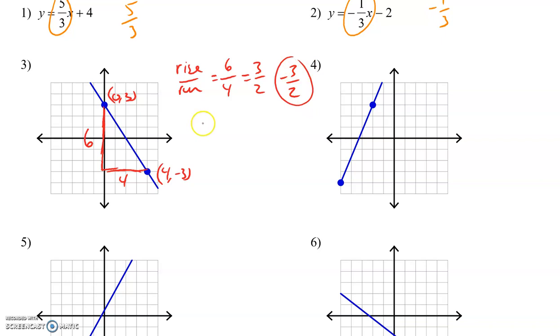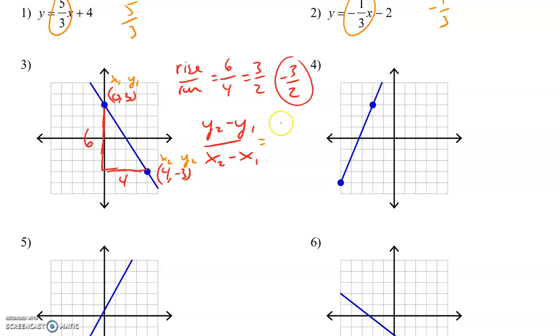If we look at more of the formula type way, which looks something like this, we can look at the values, and I'll label them to make sure we're using the right ones. This is the first point here, so that would be x1, and this would be y1. This would be my second x, that's my second y, and those values would then substitute into this expression.